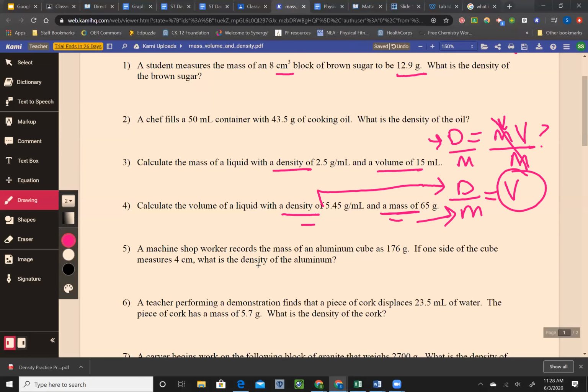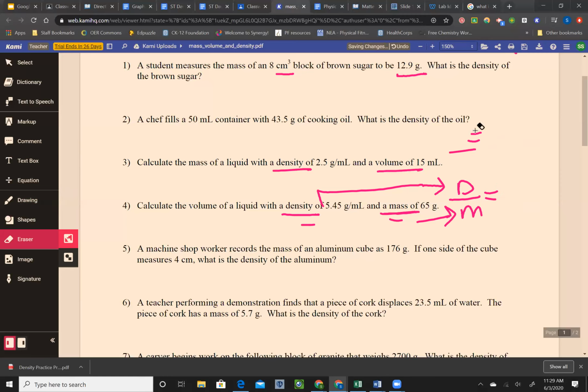Okay, so when you're solving for mass, you're going to multiply, and when you're solving for volume, you're going to divide to get rid of the mass on the one side, and you're left with V equals M over D. Now, hopefully you're not freaking out. You're just learning how to rearrange a simple equation, and you can watch those steps. Granted, I did the mass with the volume and the volume with the mass.